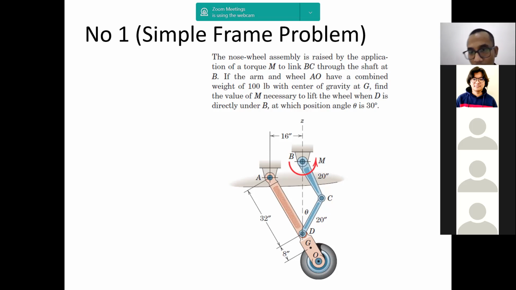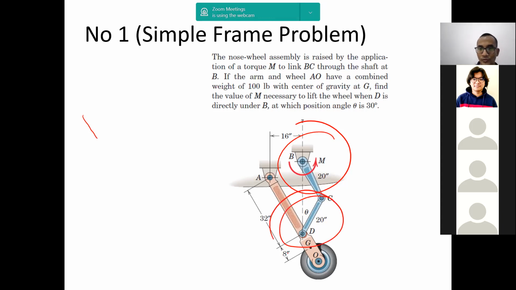But the thing here is, I think I will start with AO because the one in question is the moment. In order to find the moment, we have to know the force happening at member DC.